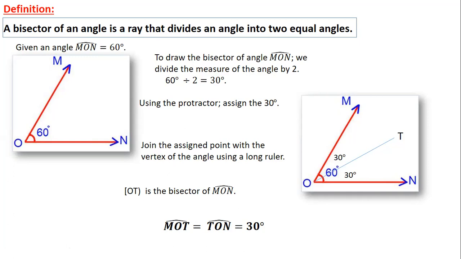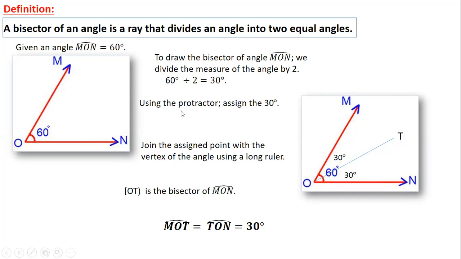Whatever the measure is, we divide it by 2 and we get the answer, which is 30 degrees. What do we mean by 30 degrees? After drawing a bisector, we will get 2 equal angles. Each angle will have the measure of 30 degrees.